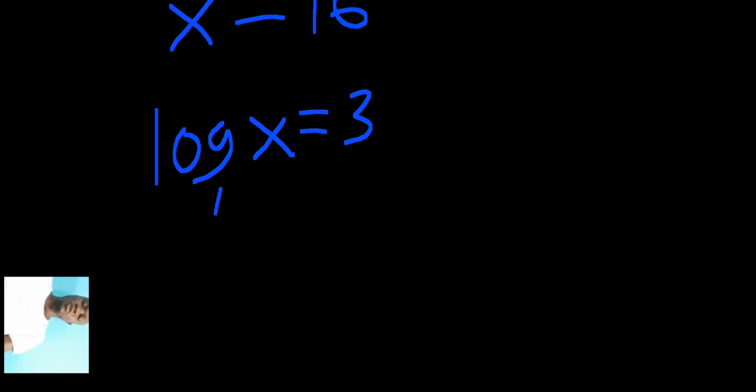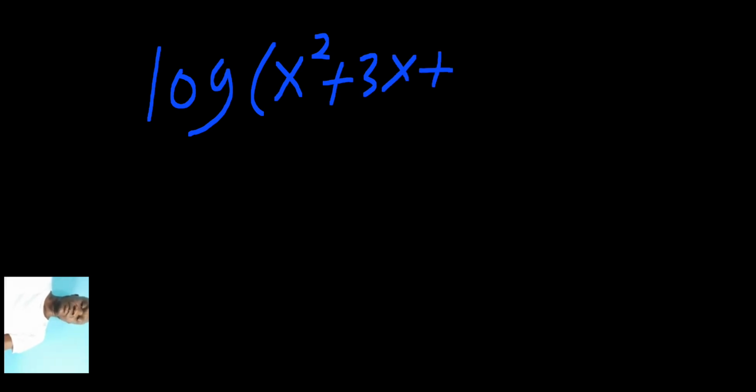So there's an invisible 10 here. In this case, I will have 10 to the third power is equal to s. So 10 to the third power is 1,000. So I have 1,000 equals s.